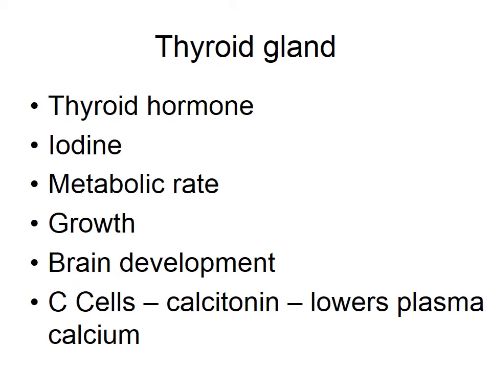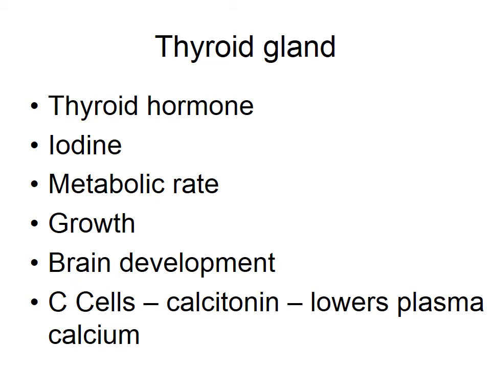So T4 is sometimes called tetraiodothyronine, tetra for 4, and T3 is sometimes called triiodothyronine. The number denotes the number of iodine atoms in the molecule of thyroid hormone. And iodine is absolutely essential. It is impossible to make thyroid hormones without iodine.